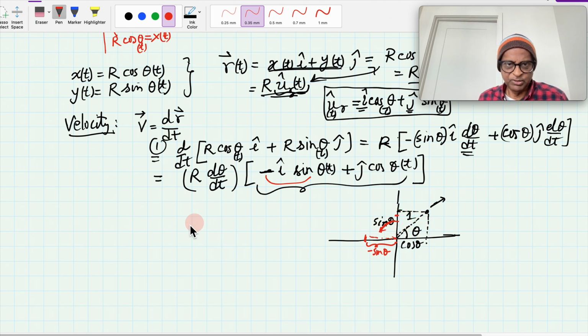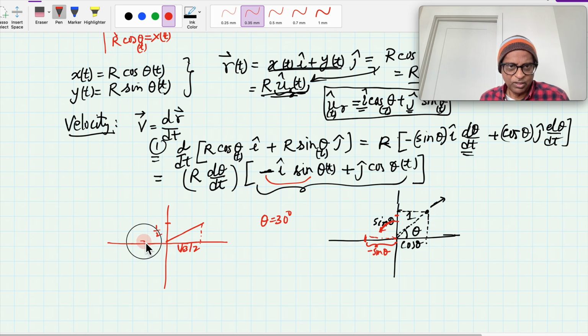Let me redraw it very nicely. Let's say theta is 30 degrees. So I'm over here at 30 degrees. Cosine 30 degrees is square root of 3 over 2, and sine is half. So I go over here and do half here, and then I do square root of 3 over 2 over here.